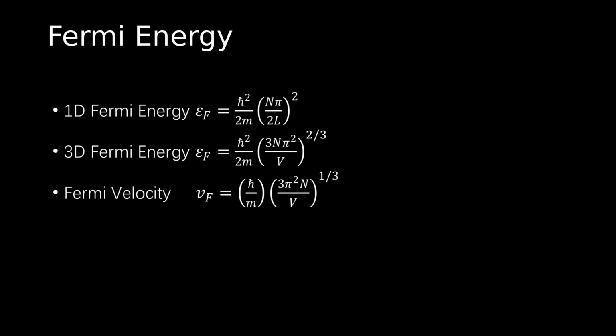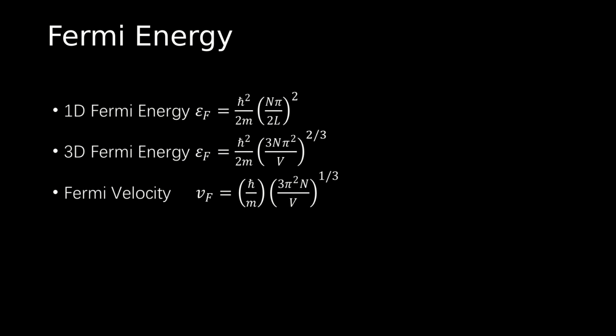To understand what is happening with the slightly twisted bilayer graphene, we need to look into the Fermi energy here. The first equation here is the 1D Fermi energy.